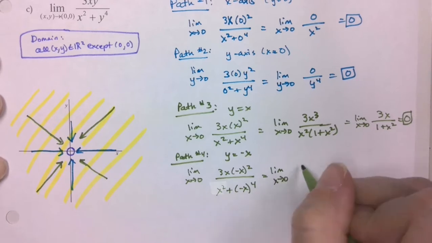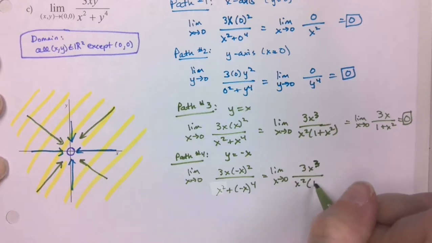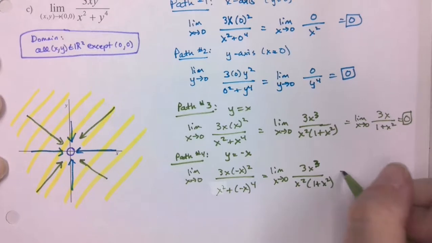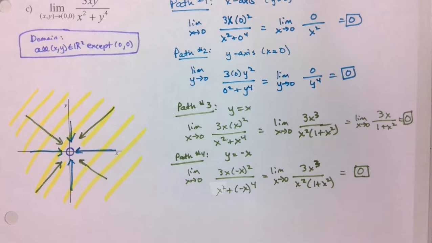It's x goes to 0, because when you take a negative and you square it, it turns it positive. So it's 3x to the 3rd over x squared times 1 plus x squared. And so it's 0.